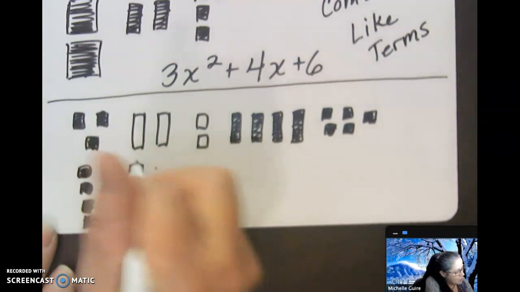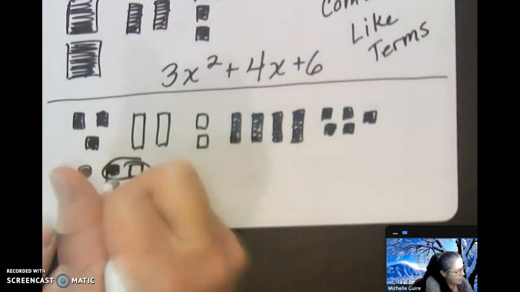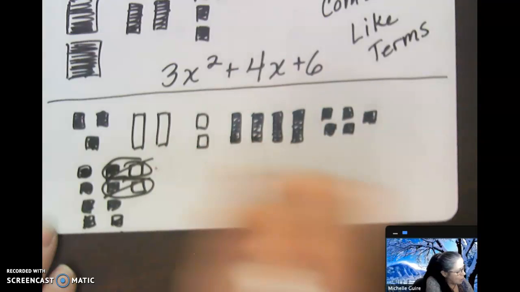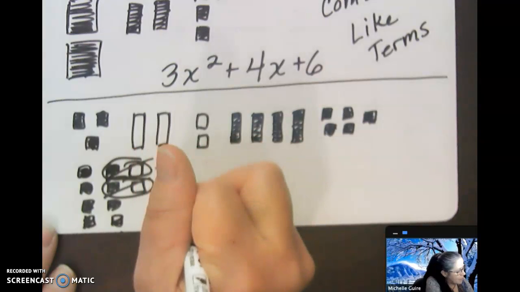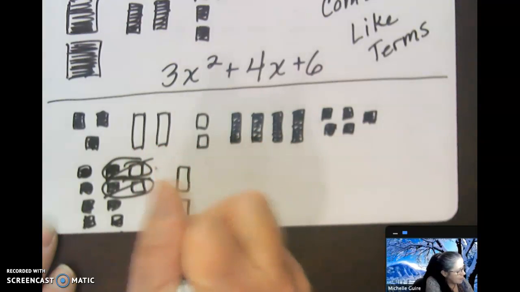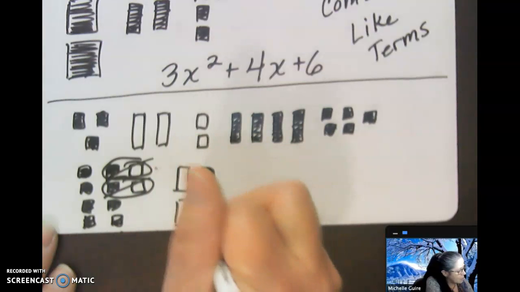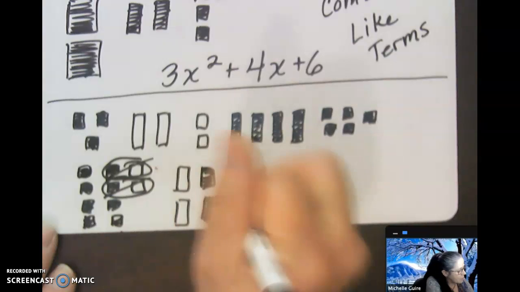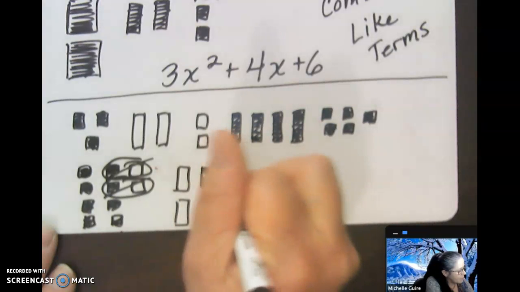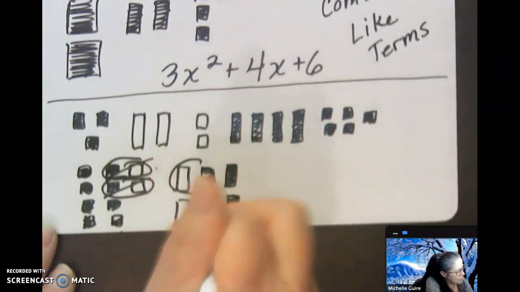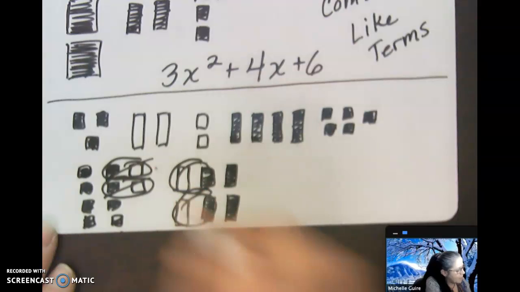And we're going to make 2 0 pairs. And then we're going to do our 2 negative x's. And then we're going to put our 1, 2, 3, 4 x's next to them. And we're going to make 2 0 pairs.